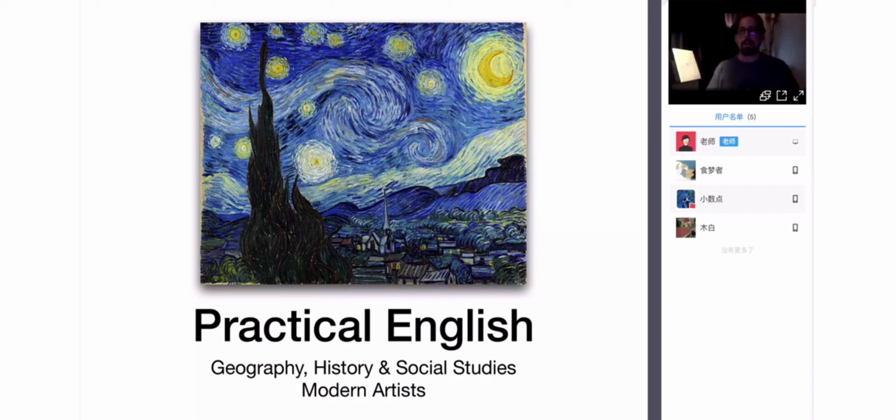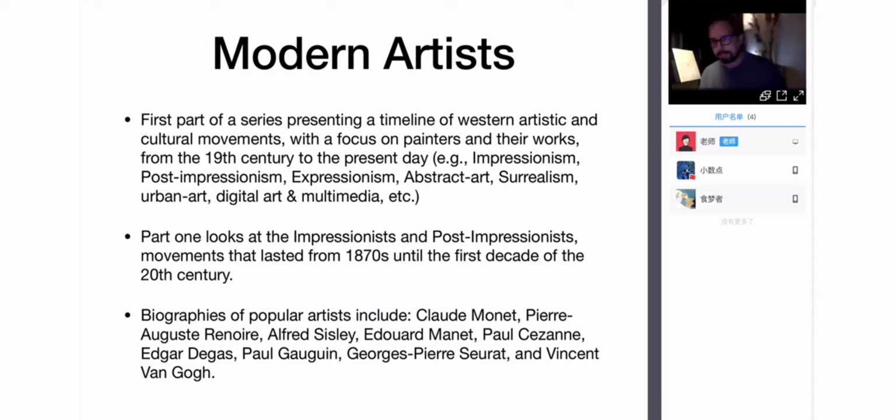So we'll be looking at modern artists, not the classical artists like Leonardo da Vinci or the history of Western art. That's not the goal tonight. I'd just like to give you the names of some of the more popular, well-known modern artists, artists that emerged at the end of the 19th, beginning of the 20th century.